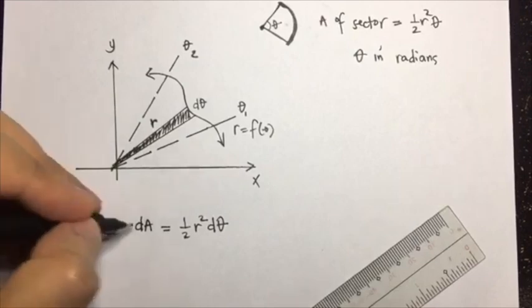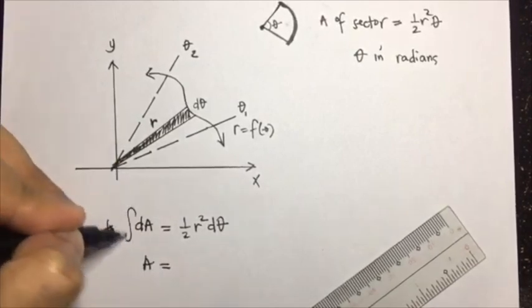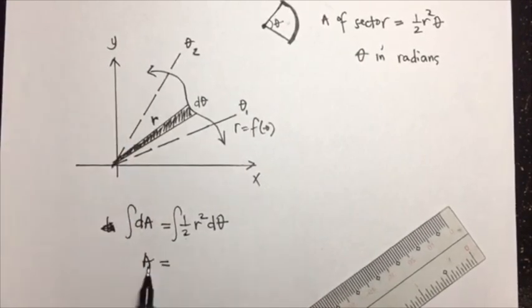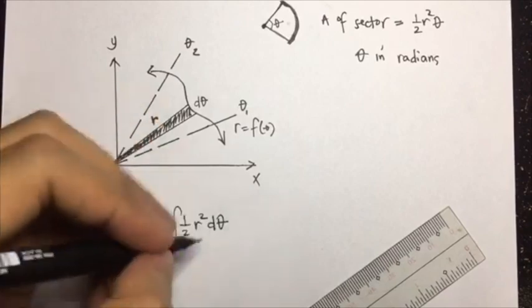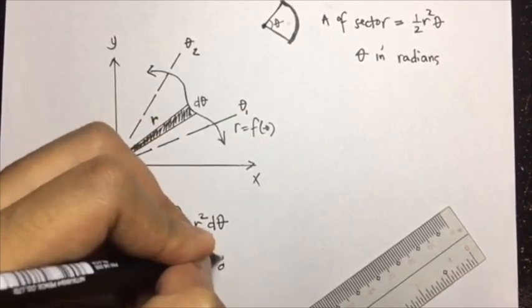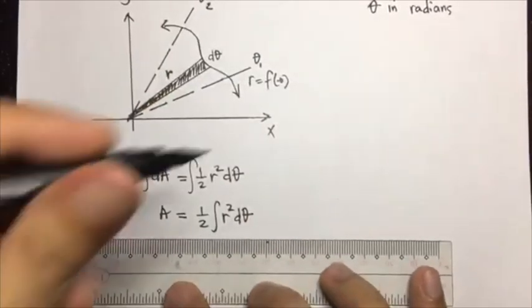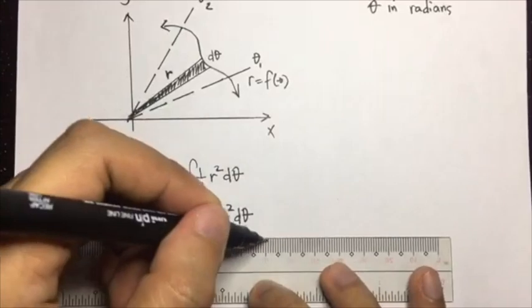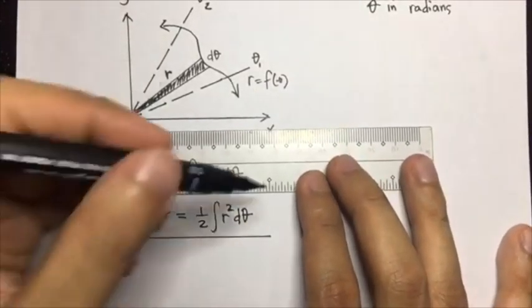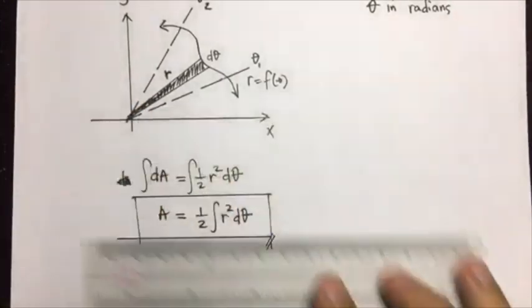Therefore if we want to get the area, we simply integrate both sides. So 1/2 is a constant, so we will have A is equal to 1/2 integral of r squared d theta. This is the general formula for the plane area for polar coordinates.